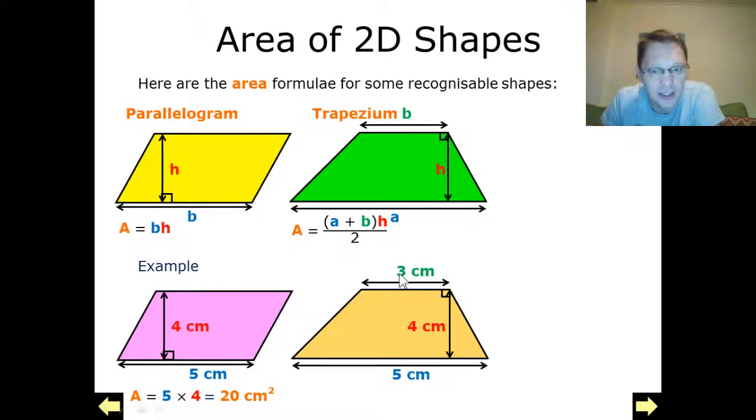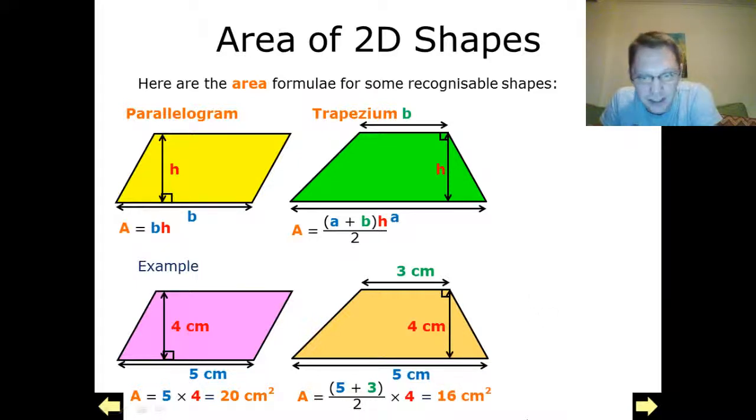Putting this into context, we've got a top length of 3, a bottom length of 5, and 4 centimeters as the height. So we end up with 5 plus 3, which gives us 8. Half of that is 4. 4 times 4 gives me 16 centimeters squared for the trapezium.